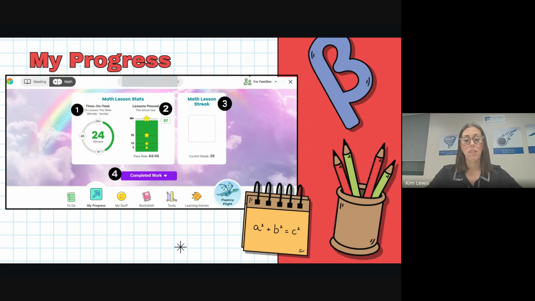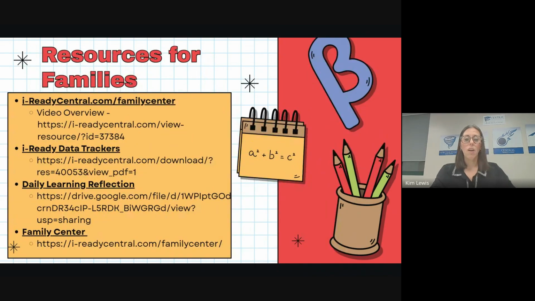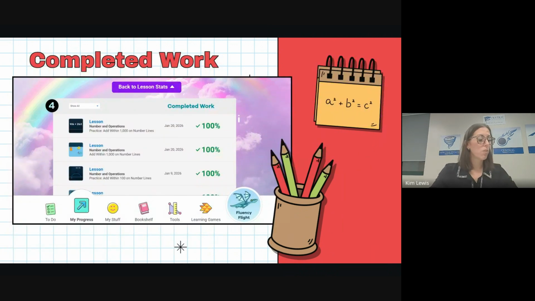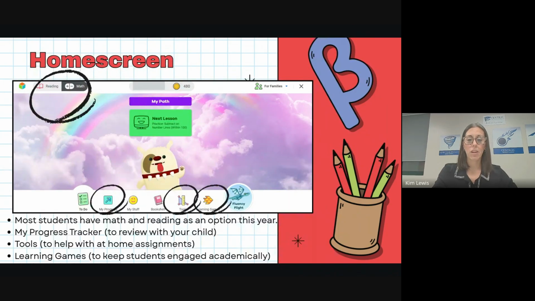And one of the resources I linked at the end is actually a tracker that you and your kids could make. If you set a goal for them, they could color it in at home and kind of watch along with you to give them some motivation there. So those were the pieces with the My Progress Tracker.